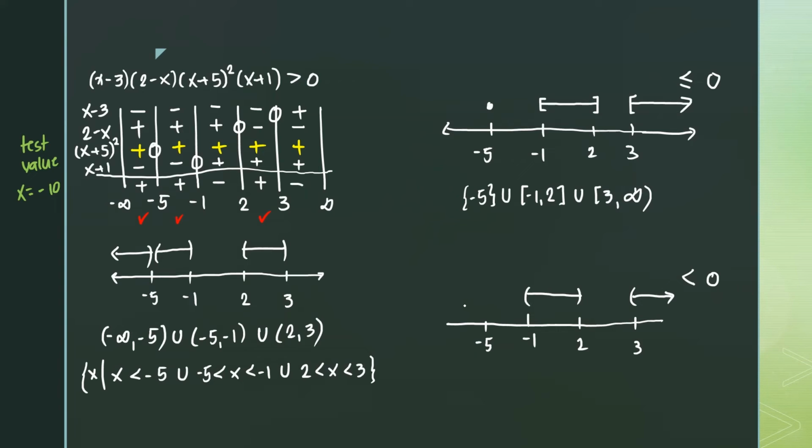Now, may question ako. 5 is a root, but then, may equal sign ba siya? Wala. Walang equal sign. Therefore, wala tayong floating dot. Ang answer natin, negative 1 up to 2, parenthesis, union, 3 up to infinity, parenthesis. So, yun yung difference ng may equal sign at walang equal sign.